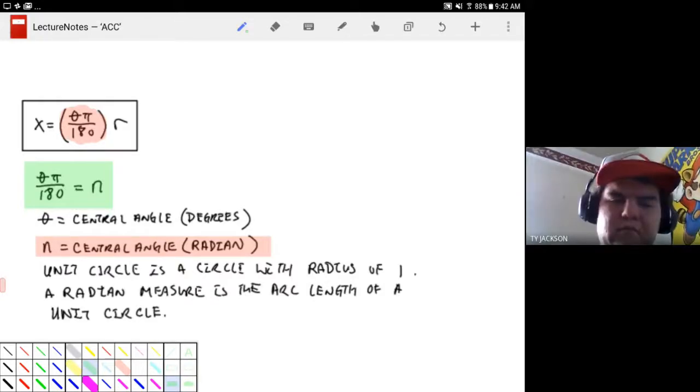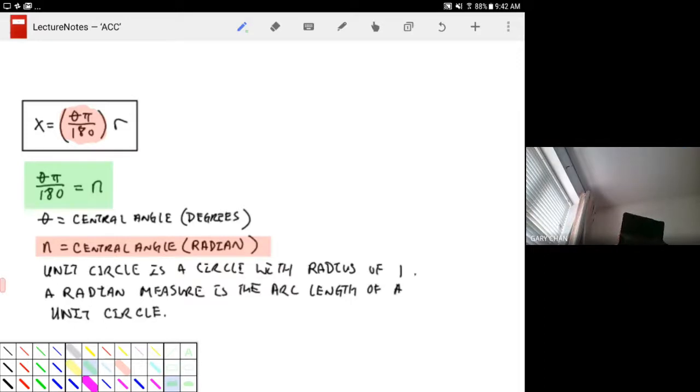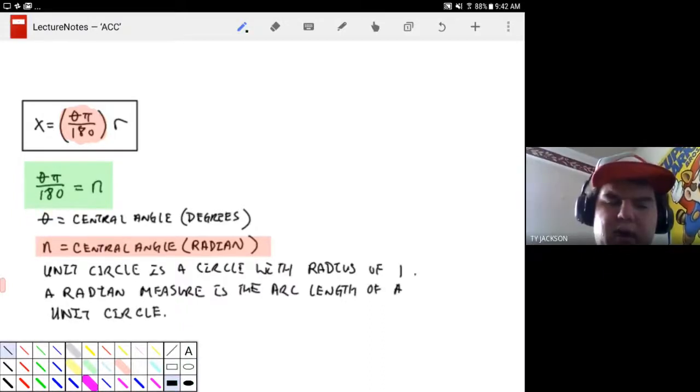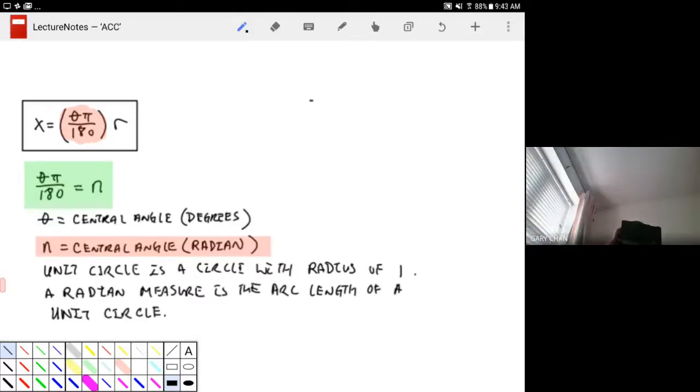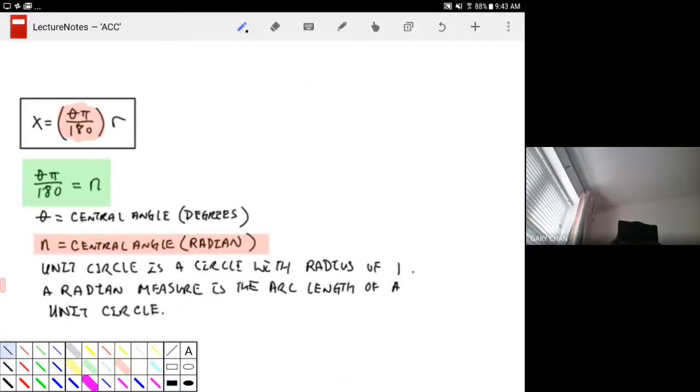So 8 pi over 9, is that n or is that theta? Is 8 pi over 9 the number that's given, n or theta for this formula?